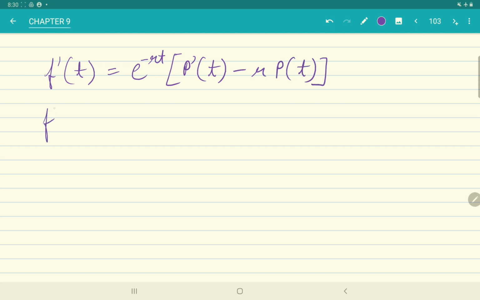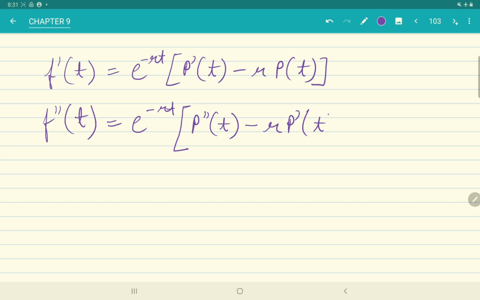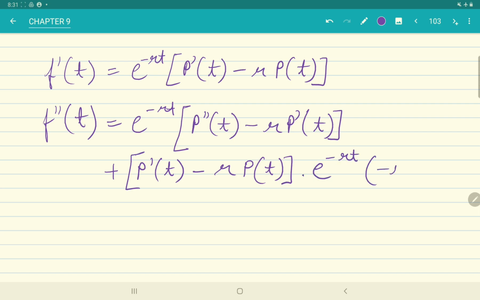So now I calculate f double prime t, and for that again I use the product rule, and again it's e minus rt, and then it is p double prime t minus r p prime t, plus p prime t minus r p of t, this multiplied by e raised to the power minus rt and then a minus r.